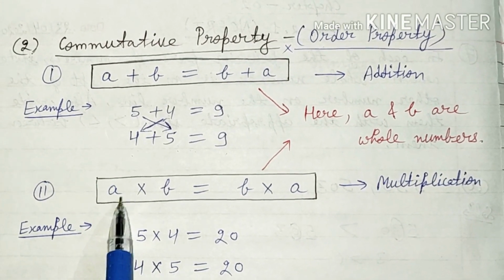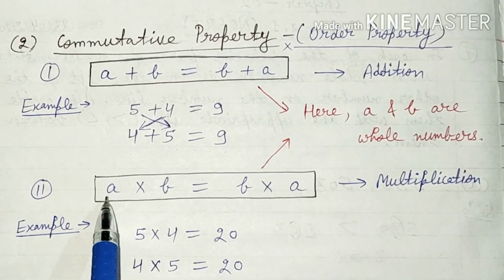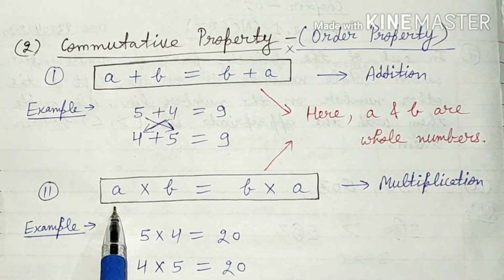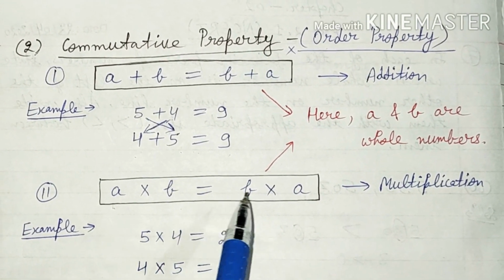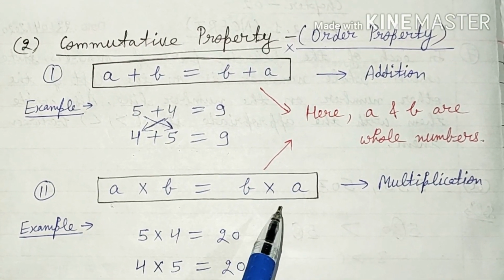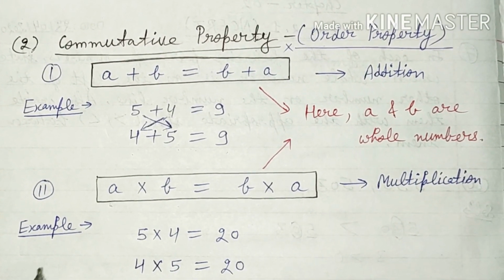Now this is the expression for commutative property of multiplication. When we take the product of any whole numbers, the result will always remain the same, whatever be the order of the numbers.